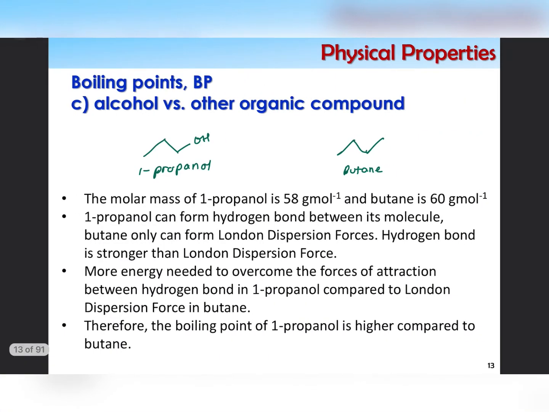Alright, so next example, kita compare between alcohol dengan other organic compound. So, in this case, kita ada propanol, ada OH group. Butane tak ada OH group. Okay, so bila kita nak compare, mesti yang kita tak boleh ada terlalu banyak perbezaan. Okay, so contoh kamu nak compare 1 propanol dengan cyclohexane.